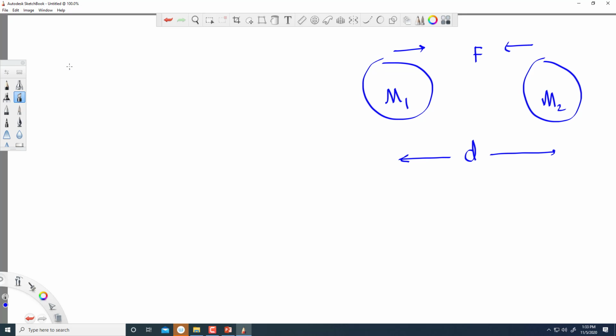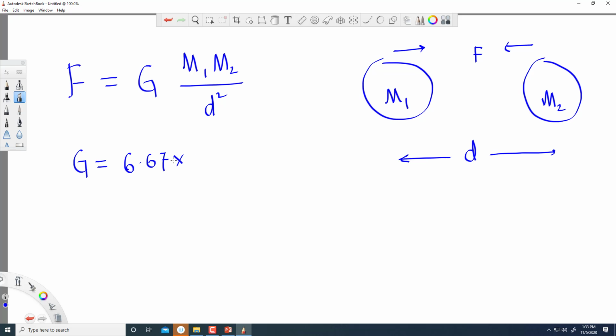F is G times m1 times m2 over the square of the distance. So this gives us the force between two objects. Now the value of G is always constant. It's called the universal gravitational constant. It's 6.67 times 10 to the negative 11 Newton meter squared per kilogram squared.